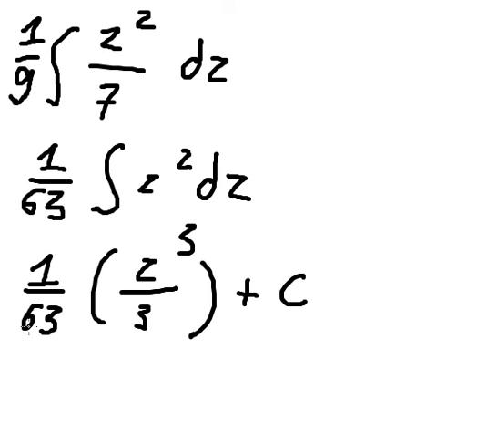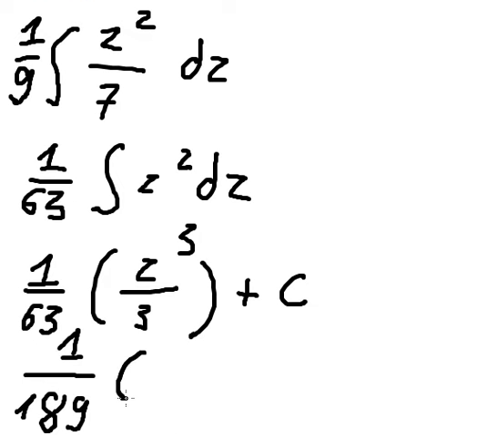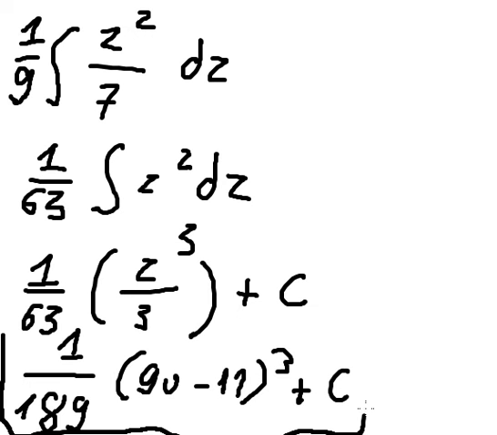Now 63 and number 3 in here, we have 189. About z, that's 9u minus 11. And this is the final answer.